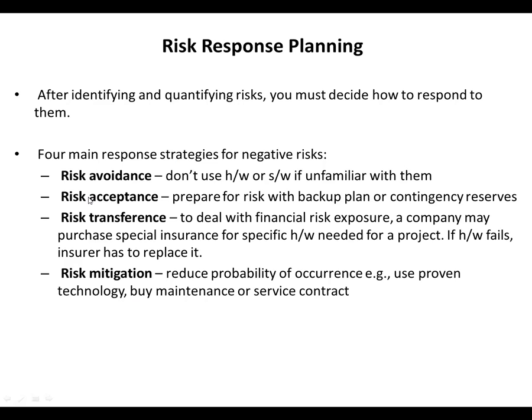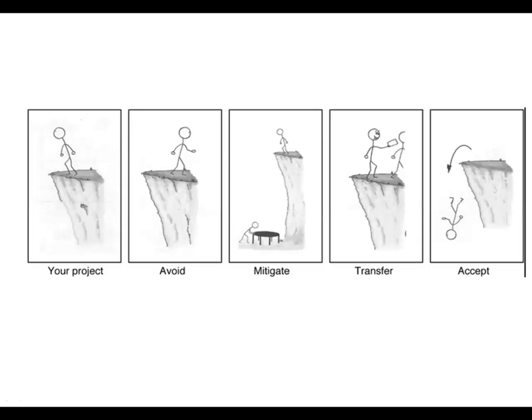To understand these four response strategies, I have a small cartoon here, extracted from a resource on the internet. What you can see here is that your project is risky. You will always meet risks. You're on a cliff, you have come to the end of the cliff, and what are you going to do?